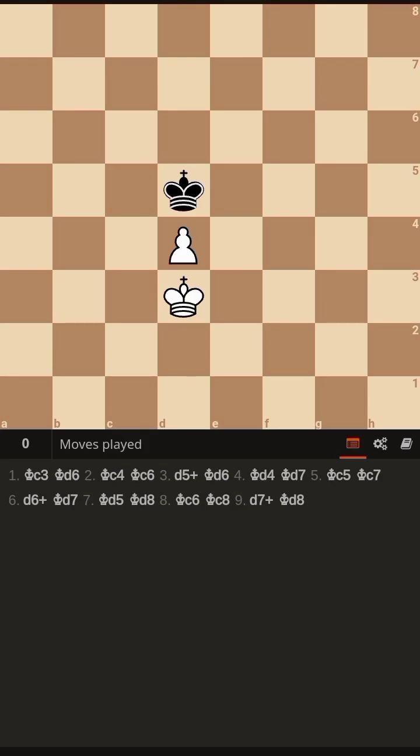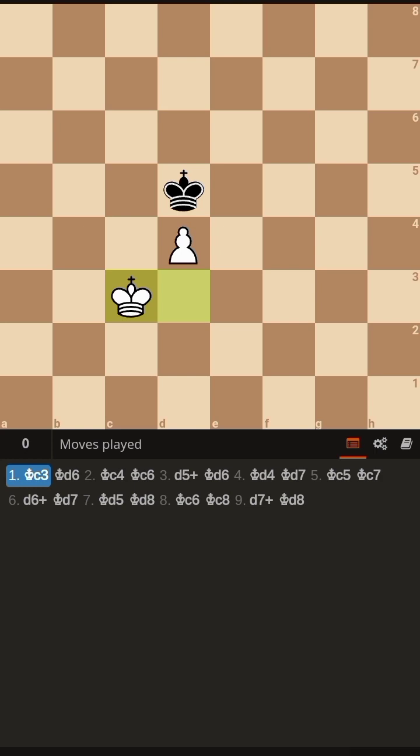Let's learn this position. The white king is on d3, the white pawn is on d4, and the black king is on d5. Here white is up a pawn and has the opposition, but this is a draw by the following moves.